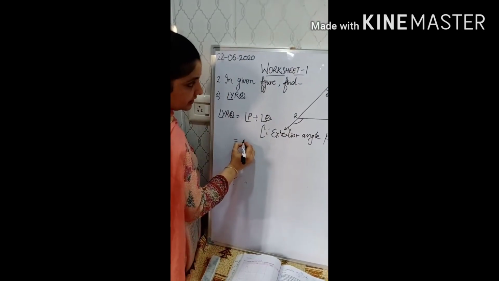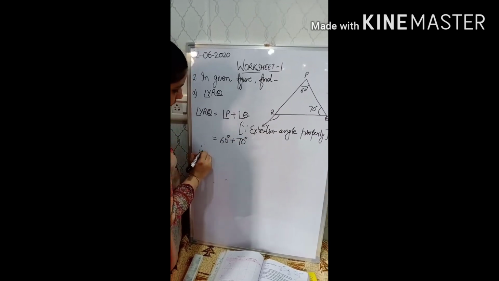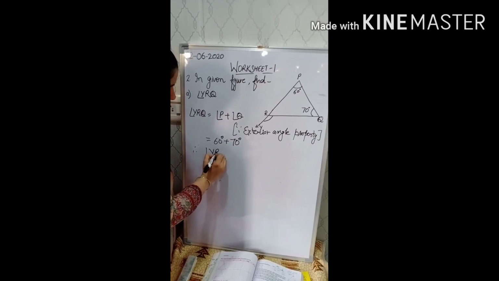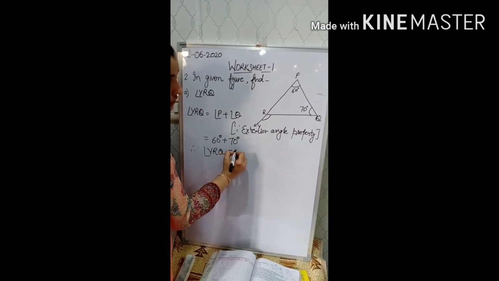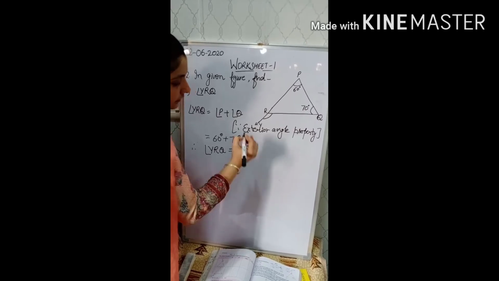Now, angle P is 60 degrees and angle Q is 70 degrees. Therefore, angle YRQ is equal to 60 plus 70, 130 degrees.